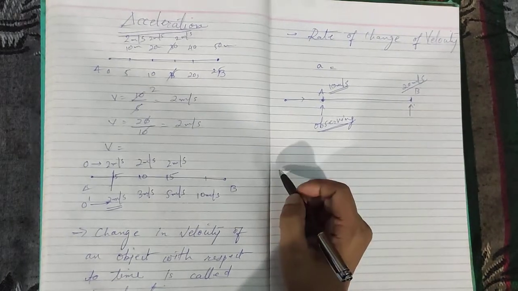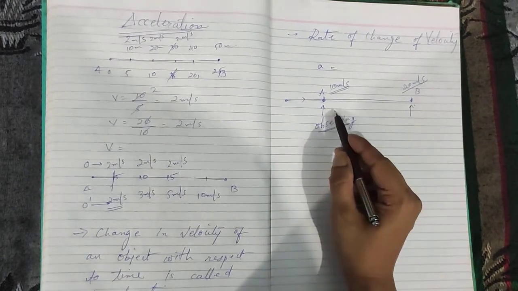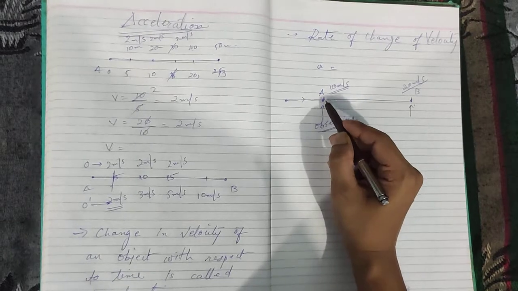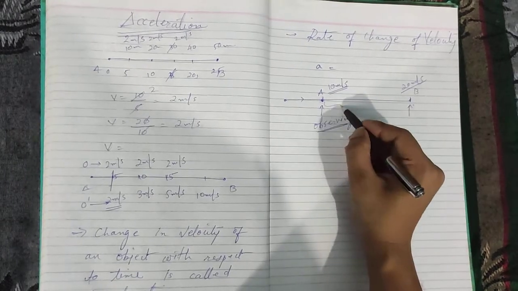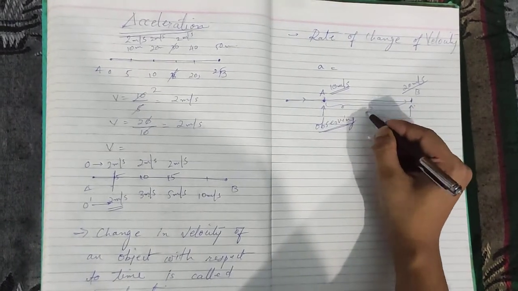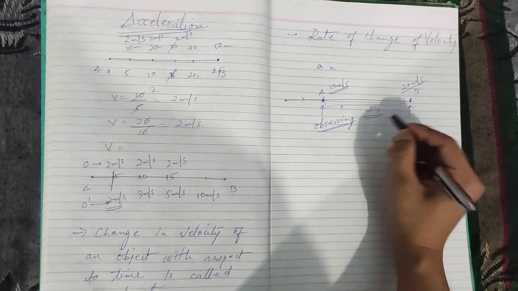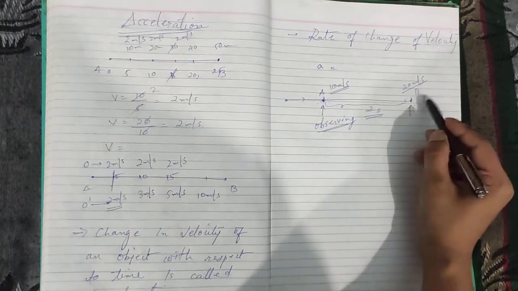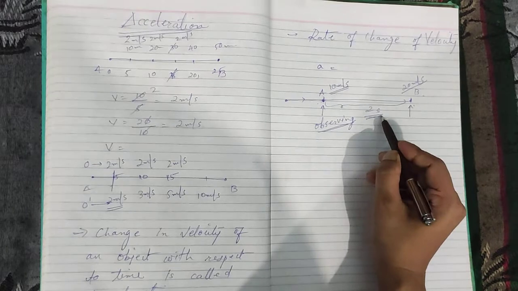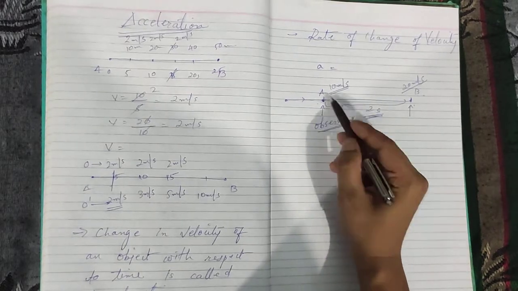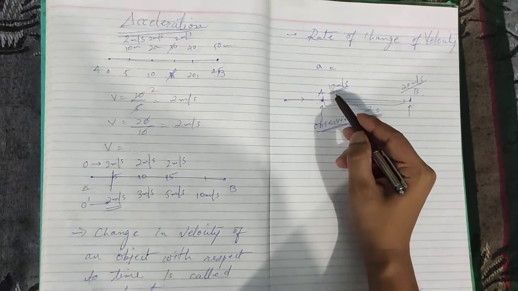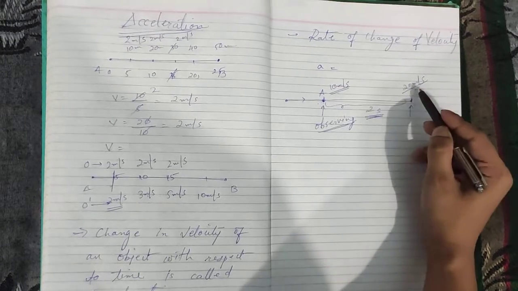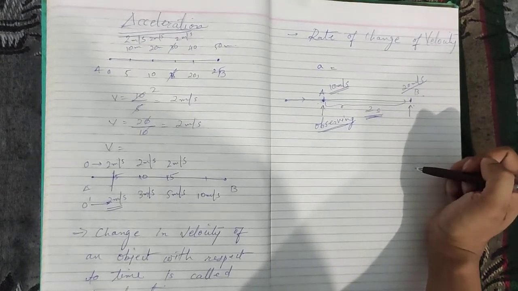The time the object took from point A to point B was, let's say, 2 seconds. So the object moved from point A to point B in 2 seconds, and in that time the vehicle's velocity changed from 10 meters per second to 20 meters per second.